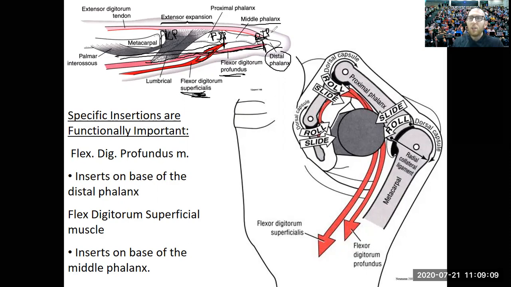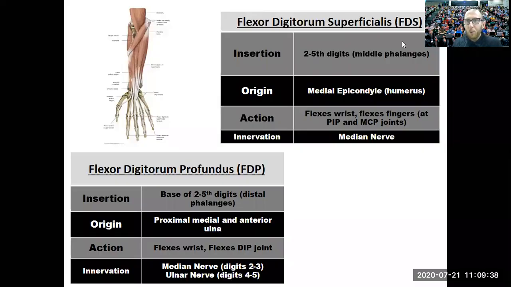between those two muscles. All right, time to get even more complex with it, because I said pretty much everything's median nerve on that anterior side, and that's definitely true unless you go deeper. And then when you go deeper, we're talking about the profundus having median nerve on the second and third digits, but ulnar nerve on the fourth and fifth.